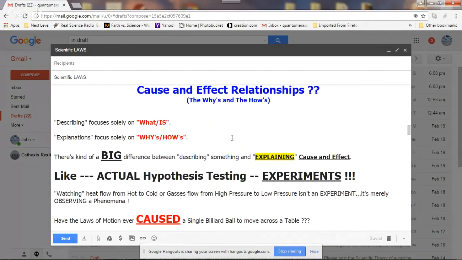See, describing focuses solely on the whats and the ises. Explanations focus solely on the whys and the hows. There's a big difference between describing something and explaining cause and effect, like actual hypothesis testing or experiments.